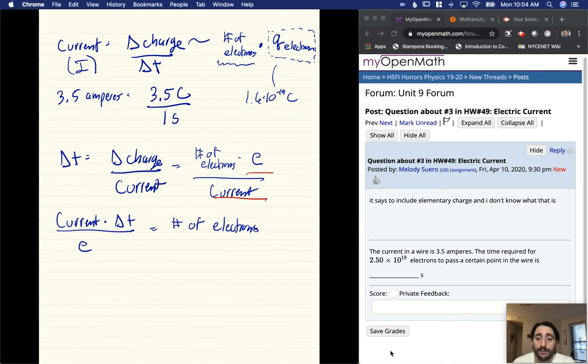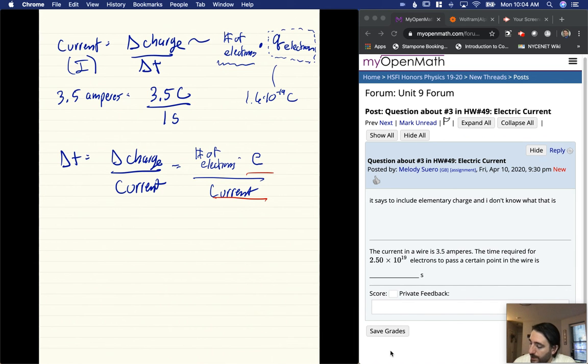And for this question, I'll plug in my numbers. The current is 3.5 amps multiplied by, oh, I solved this for the wrong thing. So let's see, I need to solve this for the amount of time, which is already written out.